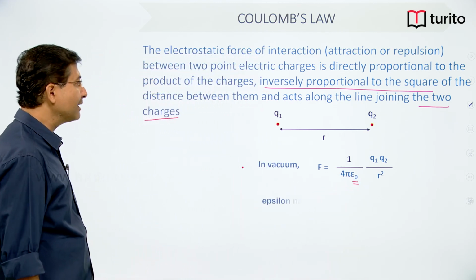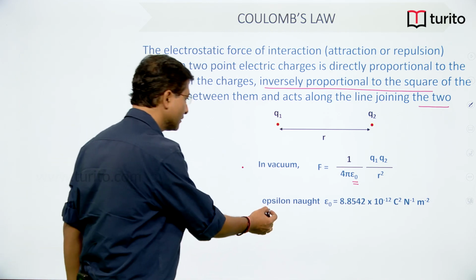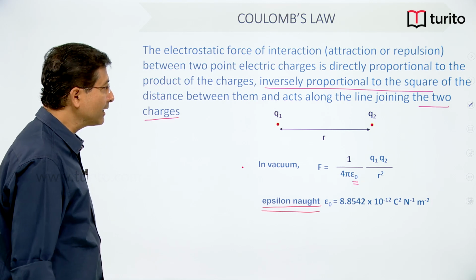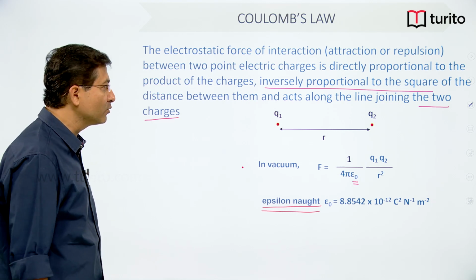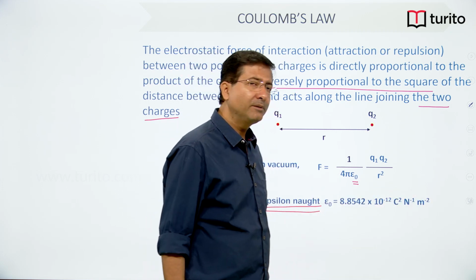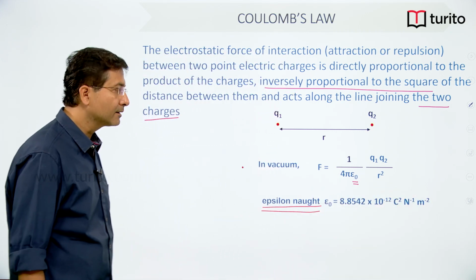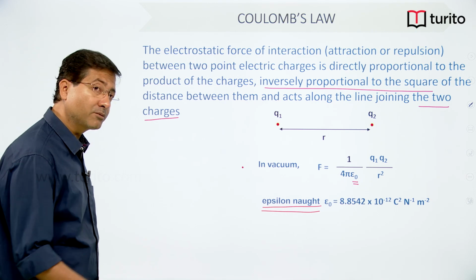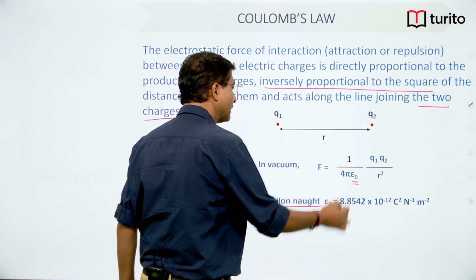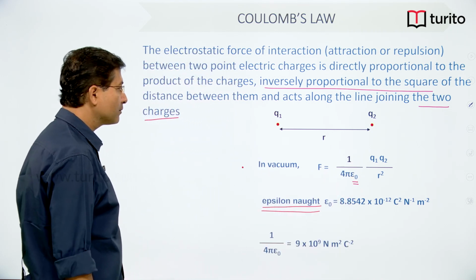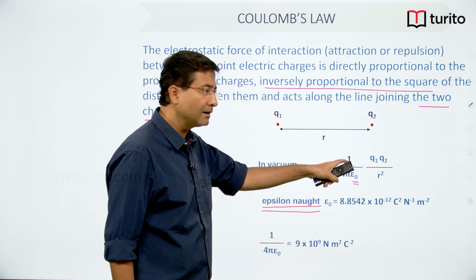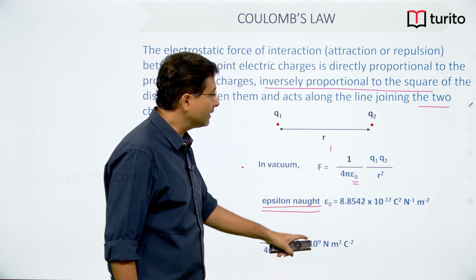This is called epsilon naught, and the value comes to 8.85 into 10 to the power minus 12, unit is Coulomb square Newton power minus 1 meter power minus 2, right. If you substitute epsilon naught here, then the value comes to 9 into 10 to the power 9.